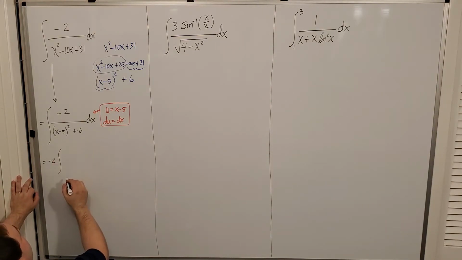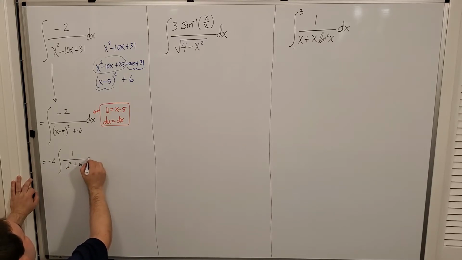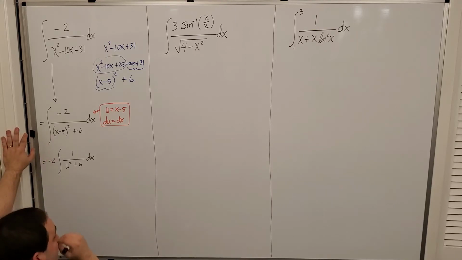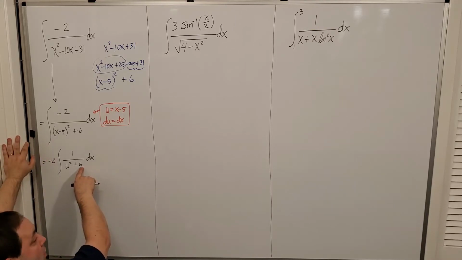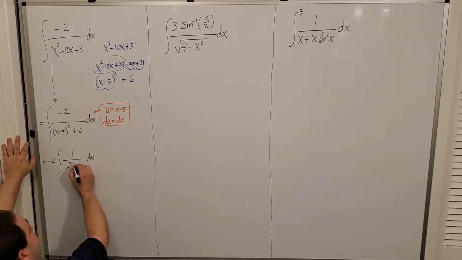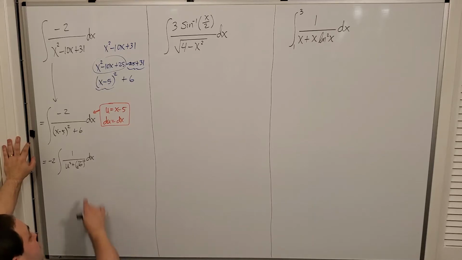And it's going to give me an integral that looks like this. -2 integral 1 over u squared plus 6 du. Okay? Now remember, I need something squared here also. I need an a squared value. And since it's 6, what I'm going to do is I'm just going to square root and square that. So my a value is actually the square root of 6 squared.